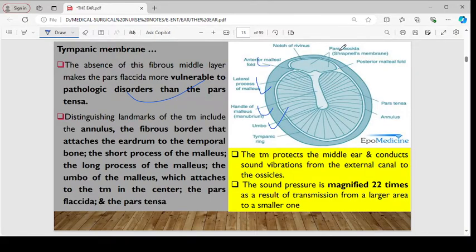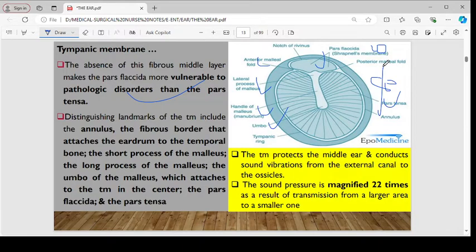We have the pars flaccida, which is referred to as the Shrapnell's membrane, and we have the pars tensa, which makes up around 80%, right? Remember, the pars flaccida only accounts for around 20%. Then we have the annulus, right?